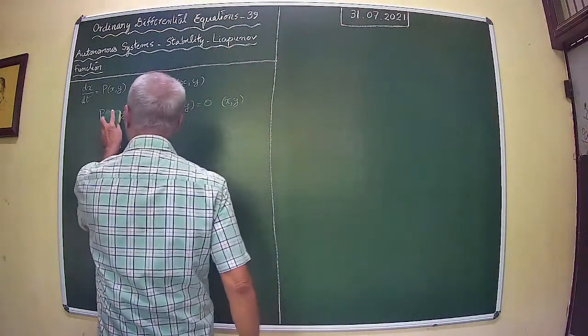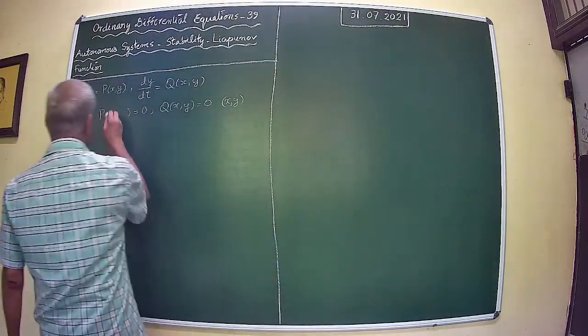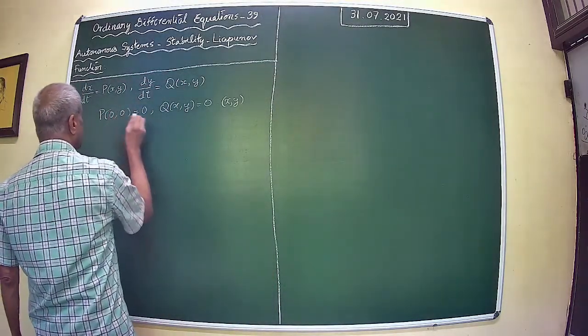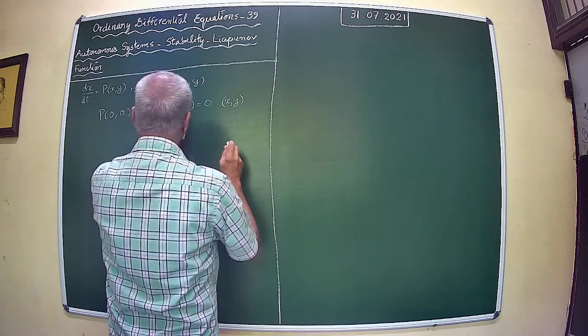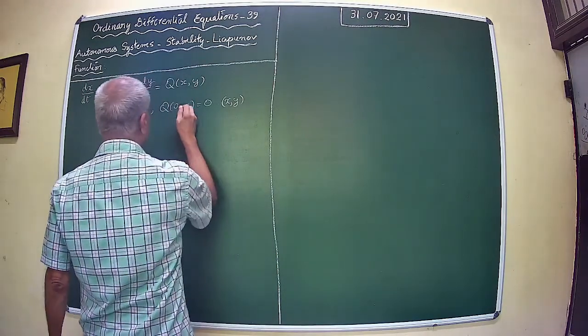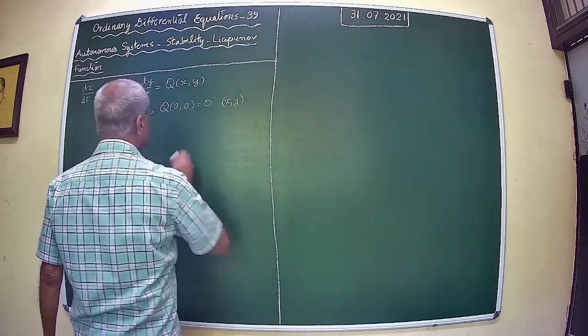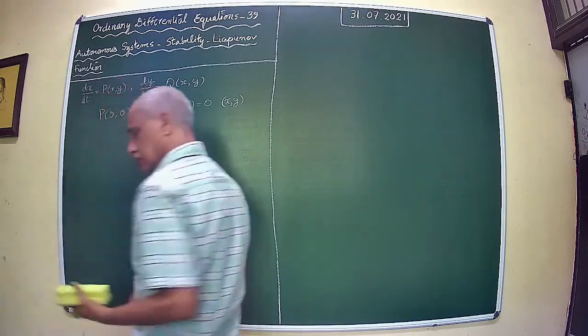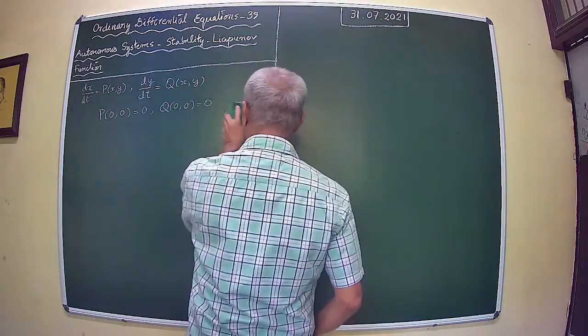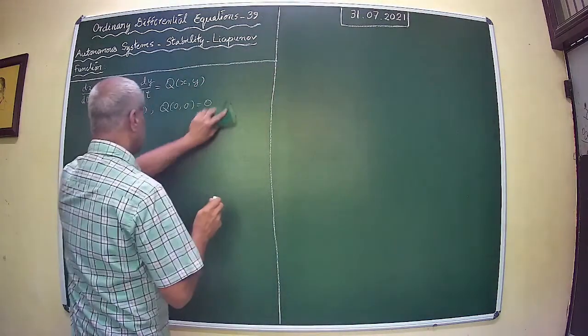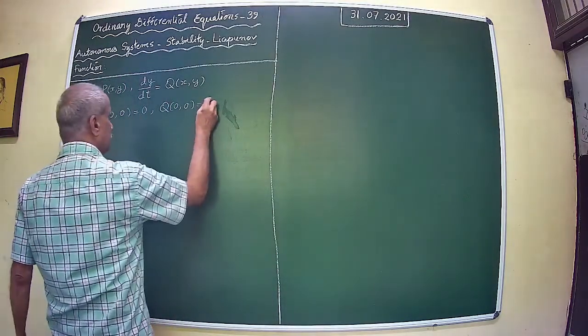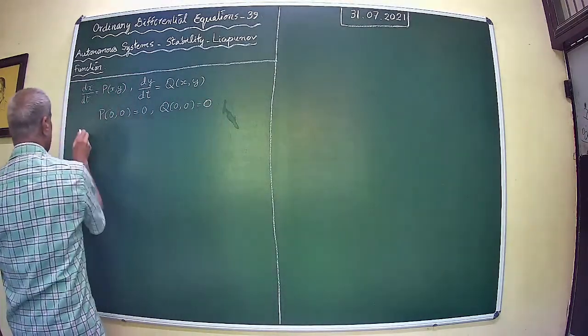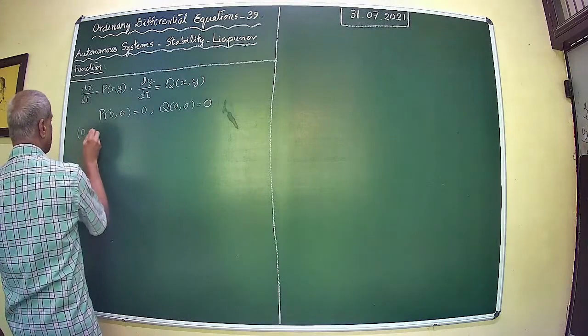Okay. This is without loss of generality. (0, 0) is assumed to be a critical point of the system.